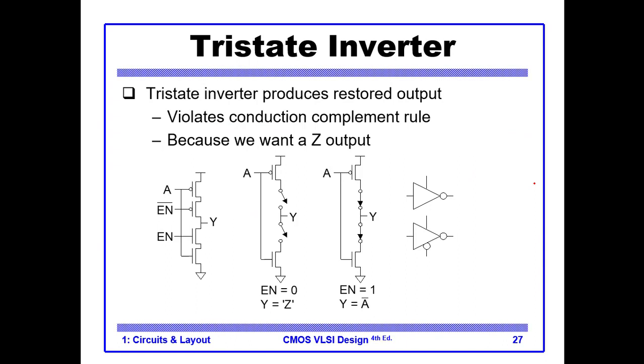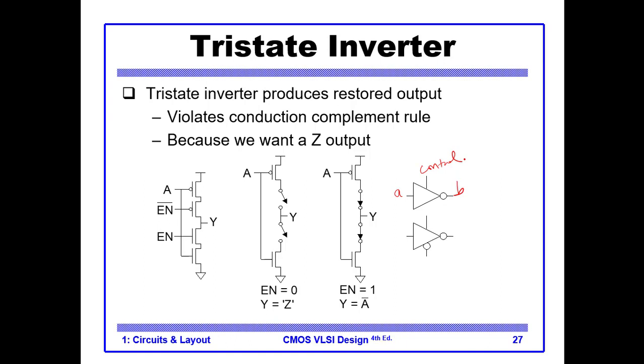So here is the Tristate buffer. This is basically a Tristate inverter. You have this symbol, you have this A, you have this B, and you have this control signal.